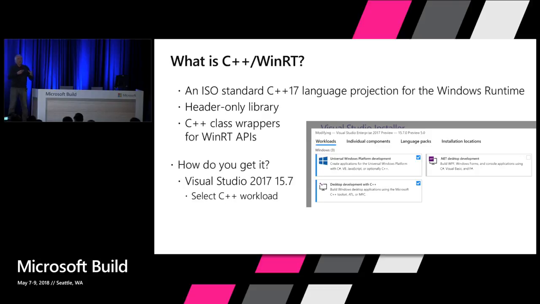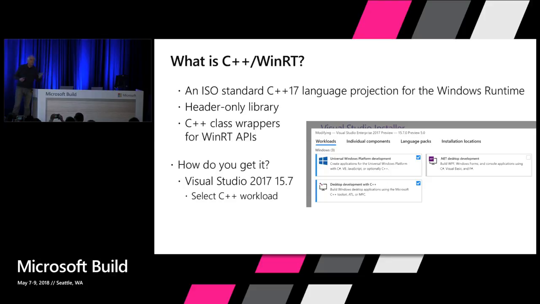As I said, it's a language projection for Windows runtime APIs. At its bottommost layer, really, it's a header file-based library, a C++ header file library, like STL or Boost. It also comes along with a tool that you can point at a metadata file that describes a Windows runtime API, and we will generate the library for that API.